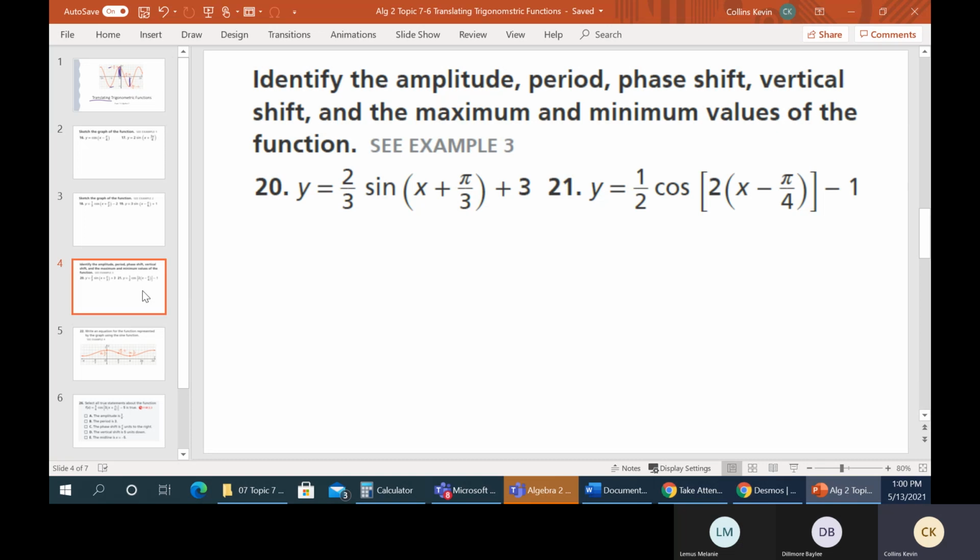Okay. So, let's start with this. So, the amplitude. What's the amplitude of number 20? Keeping in mind that it's the number in front of the sine or the cosine function.